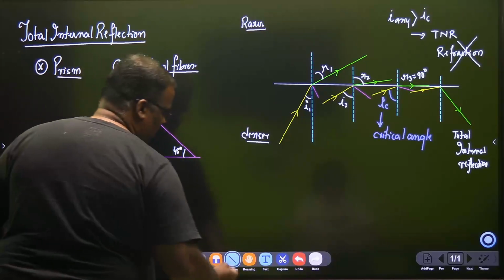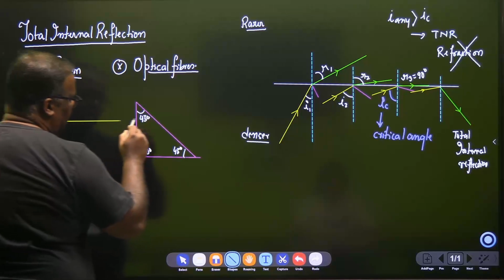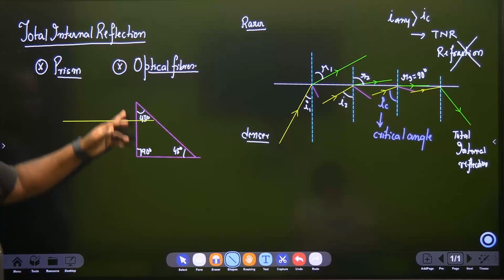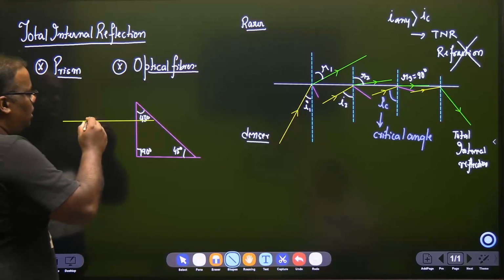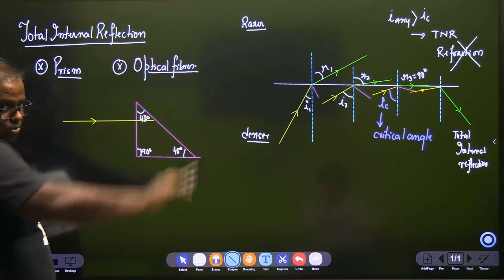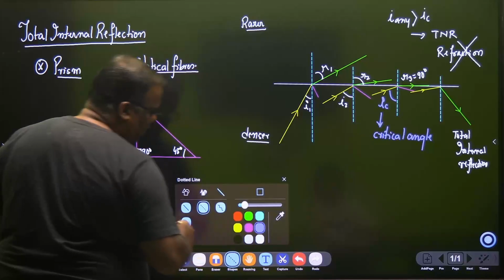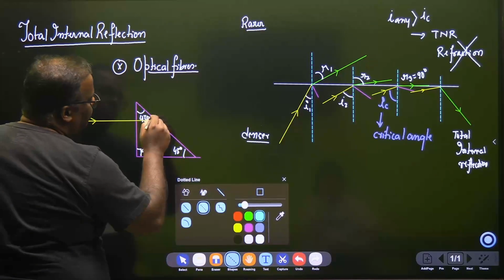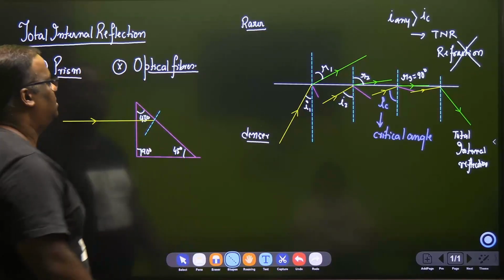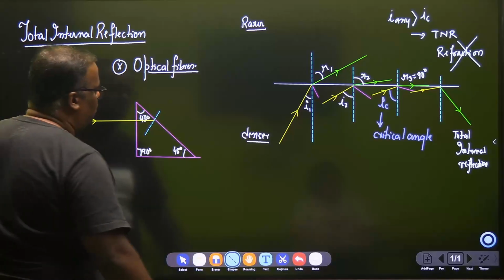Now let's look at the incident ray. This is my incident ray. Now I'll draw for one surface, it will become clear to you. For this surface, the incident ray is incident normally. When you are incident normally, you just pass through, right? If you look at the other surface, it will undergo total internal reflection.